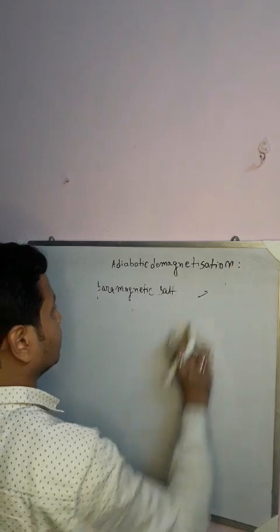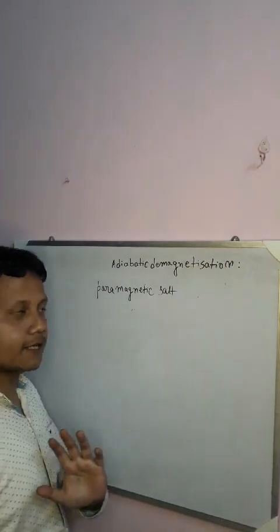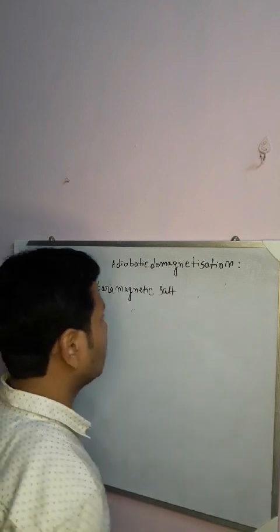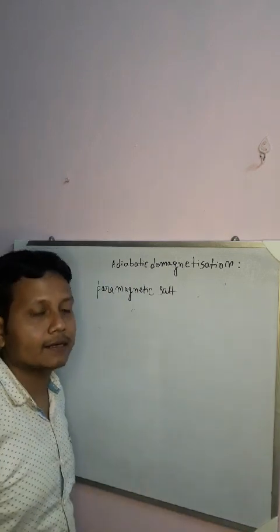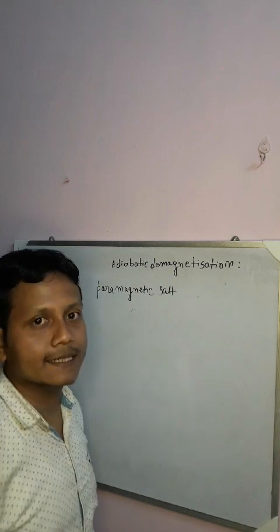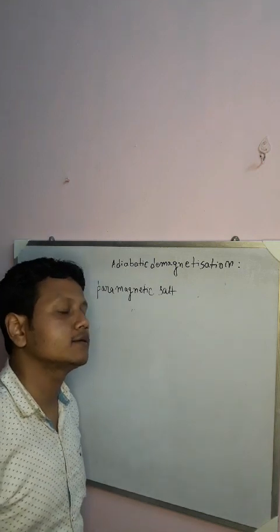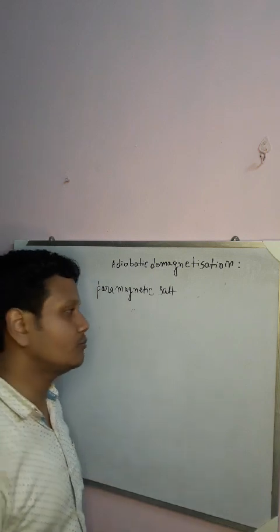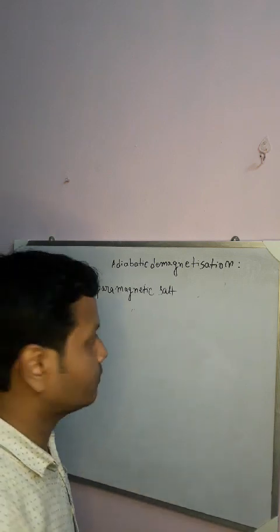In the absence of an external magnetic field, the dipoles are randomly oriented, so the net dipole moment is 0. But when a field is applied, the dipoles tend to align in the direction of the field, and this alignment depends upon two factors: the temperature of the dipole and the strength of the field.